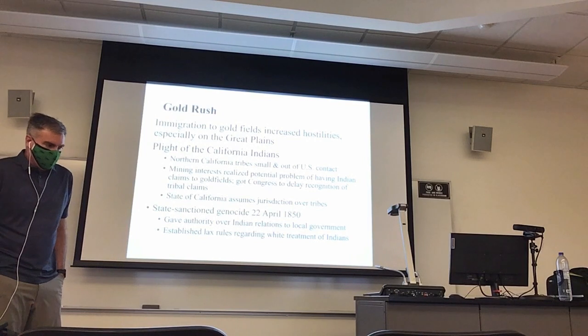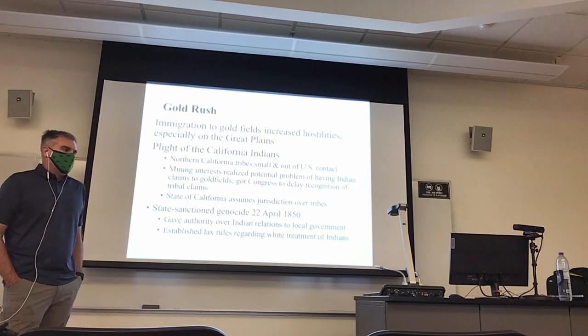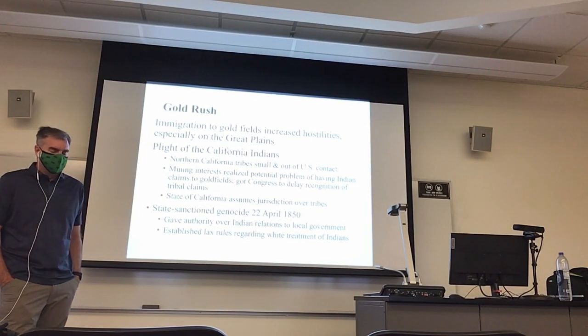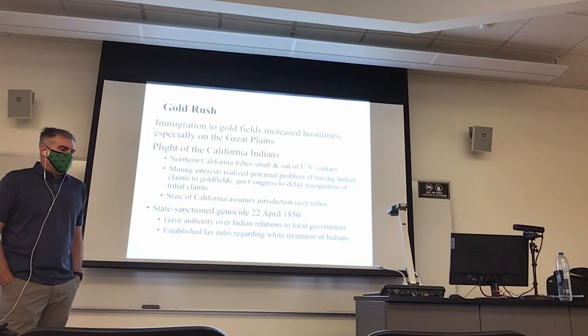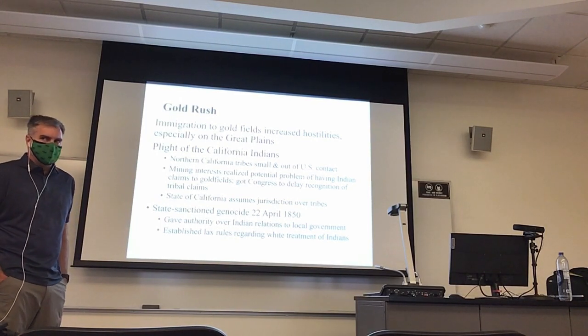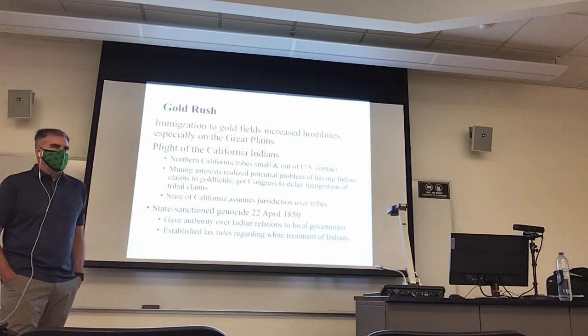A lot of the native groups in California were very small groups. They didn't practice agriculture of any kind, unlike most tribes. They subsisted often on things like acorns. So they had a real specialized, low protein diet.